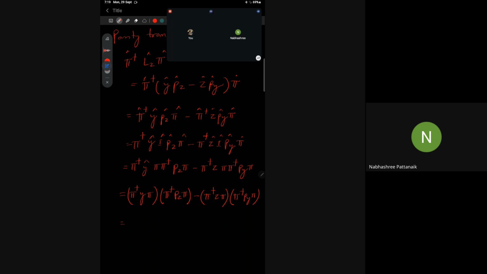So what is pi dagger y pi? It is minus y, right? Because of what parity does, which we discussed last class. It will go to minus y, and pz will go to minus pz.